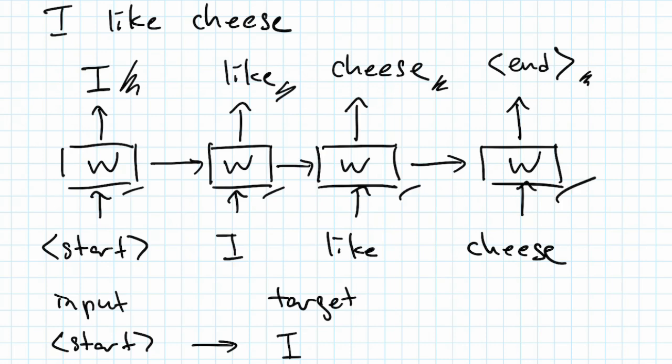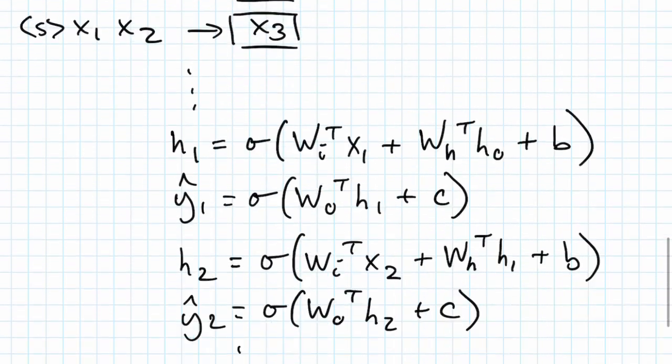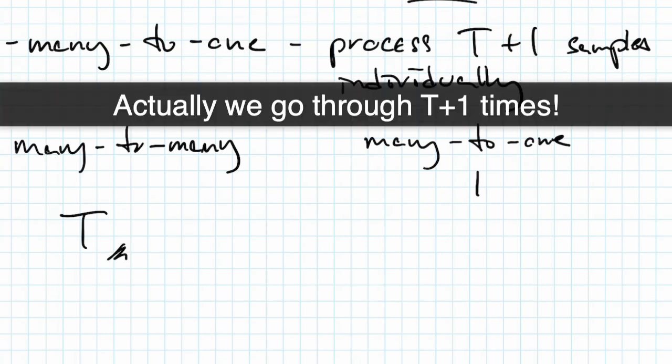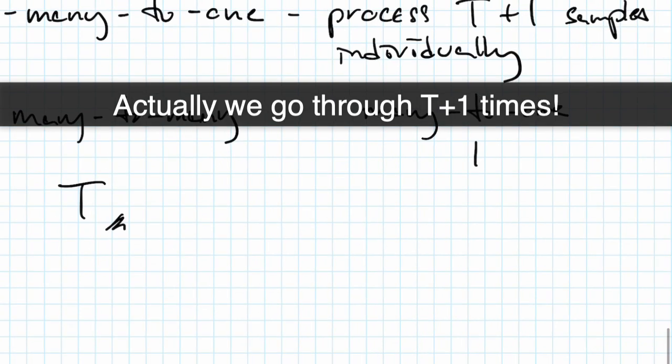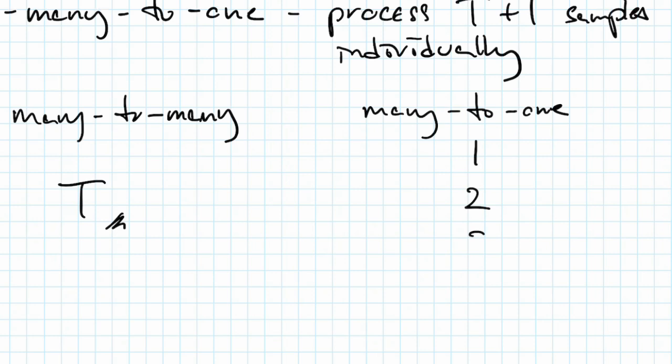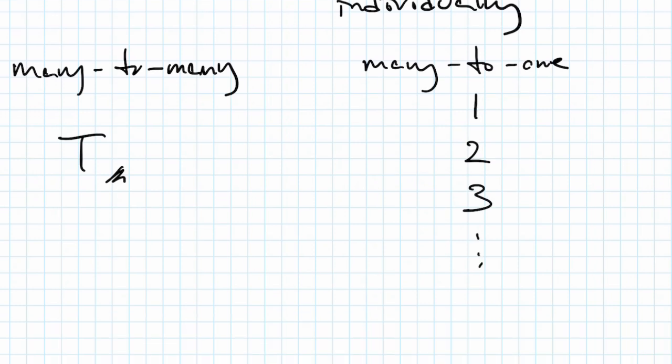Okay, so for example, the first time, it's just this. So we go through the block once. Okay, so that's why when we have the full sentence of size T, we go through T times. But for many to one, we go through once the first time. For the second time, we go through twice. For the third time, we go through 3 times, and so on and so forth, up to T. So the last time we go, we still have to do it T times. Okay?